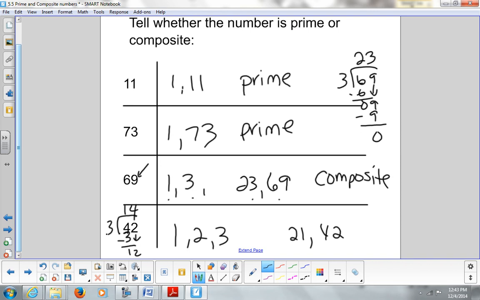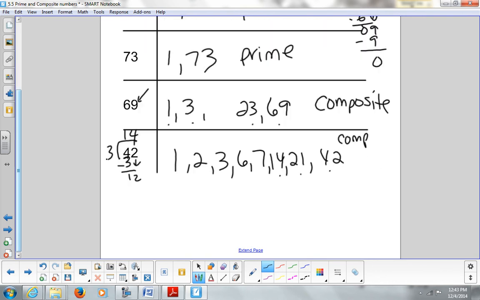Okay, 3 can go into 12 4 times, so it's 3 times 14. And 4 can't go in, 5 can't go in, but 6 times 7 works, right? Okay, so there's your factors. This is also composite because it has 1, 2, 3, 4, 5, 6, 7, 8 factors.